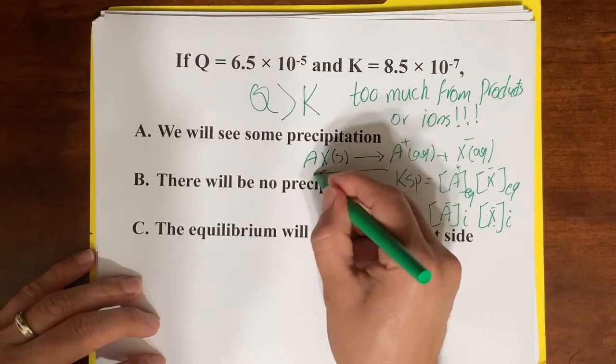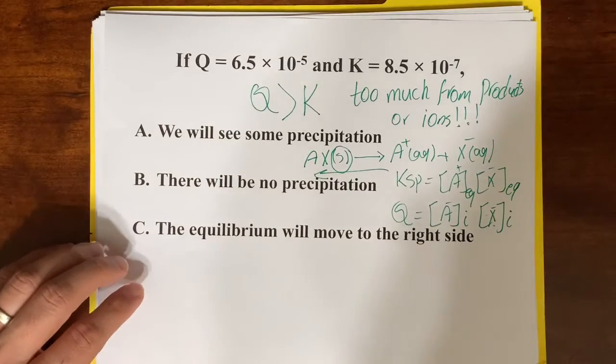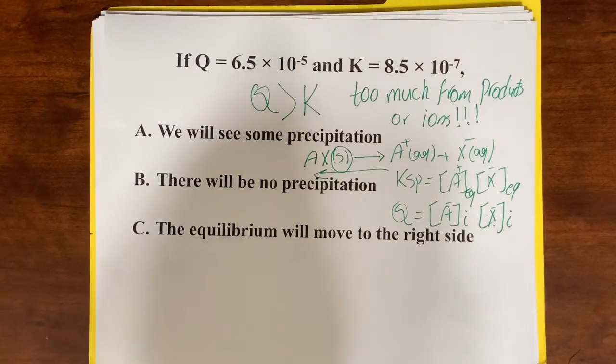So the reaction will go back and generate solid for us, or generate reactant. So we will see precipitation.